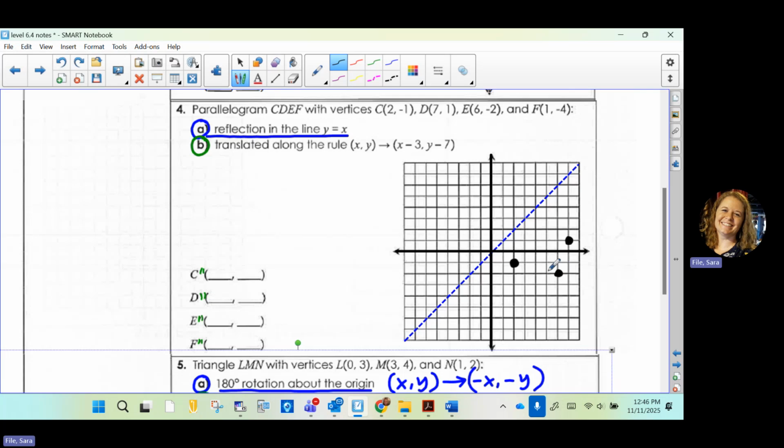And F is at 1, -4. Okay, so here's the original parallelogram.